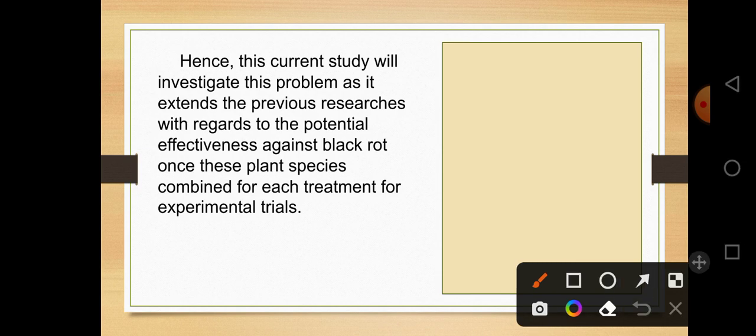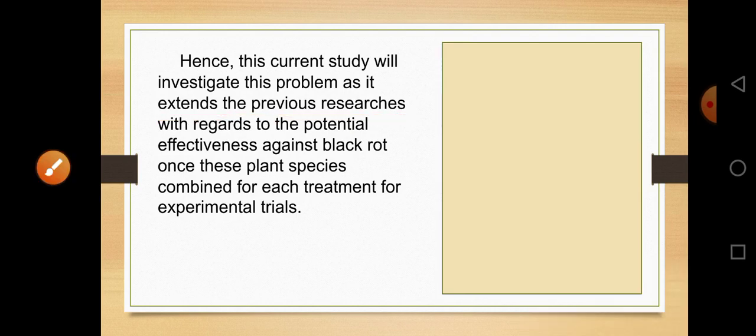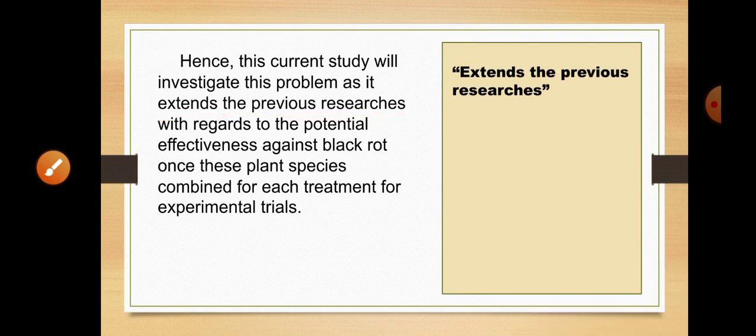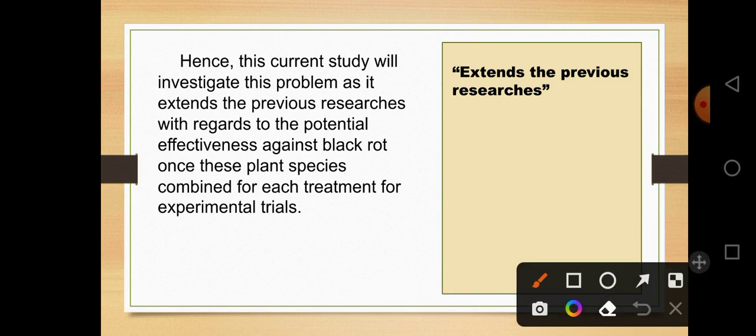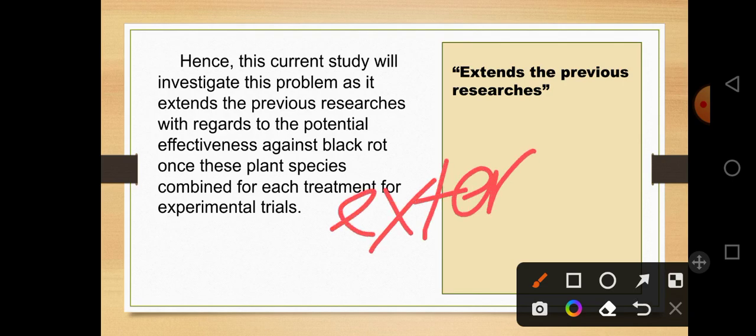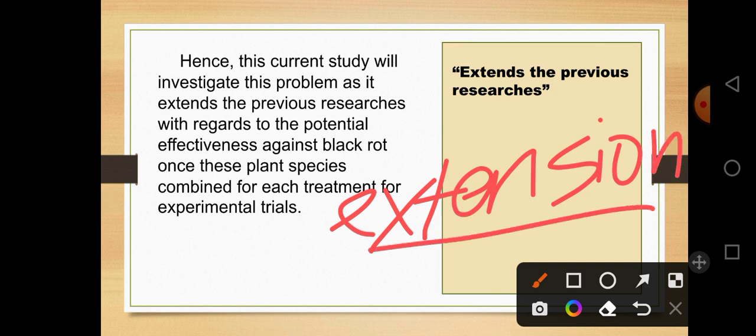Hence, this current study will investigate this problem as it extends the previous researches. So take note, class, of this part. Extends the previous researches. So meaning to say, class, this part claims that your study will act as an extension of the previous researches so that it can supply the missing information.